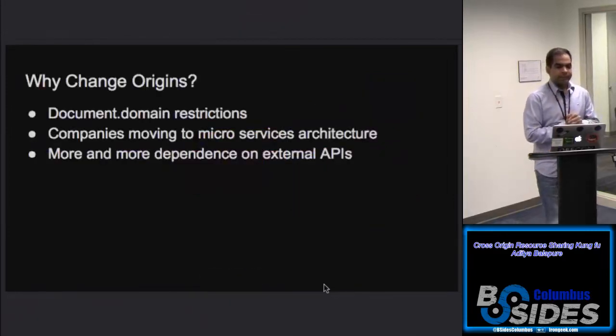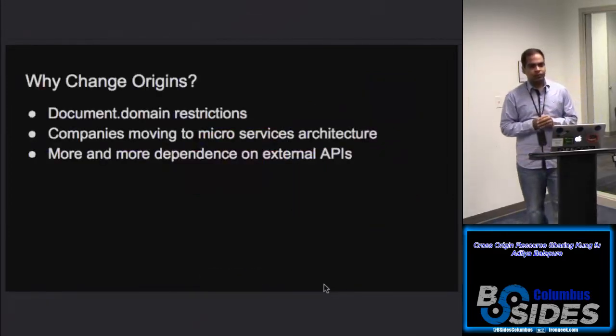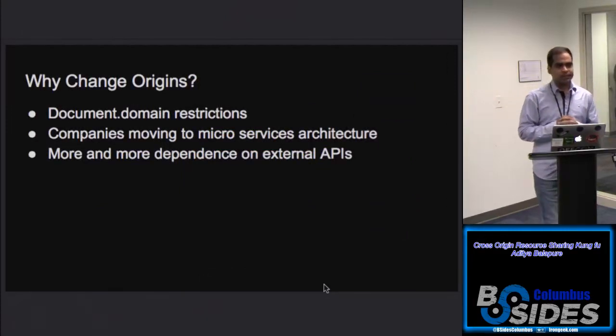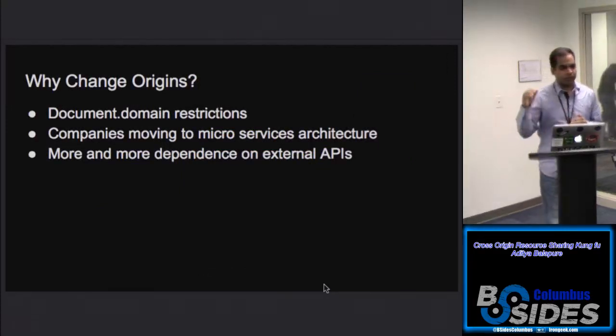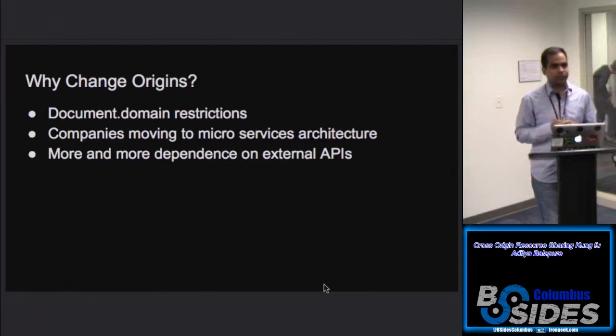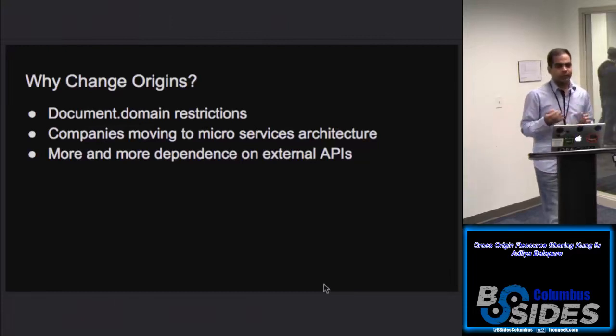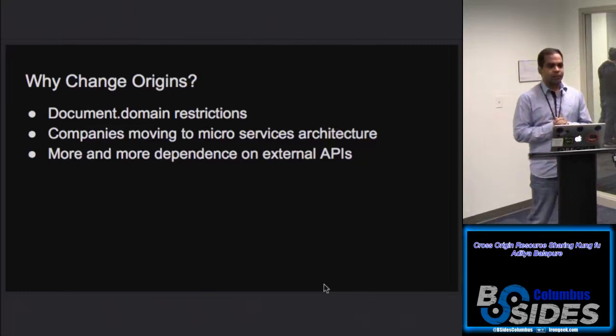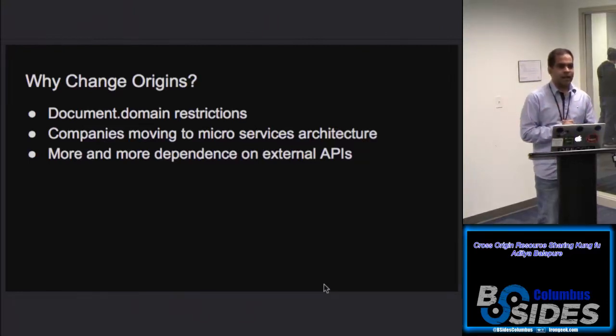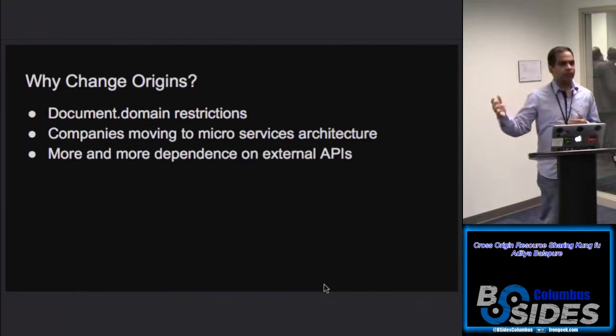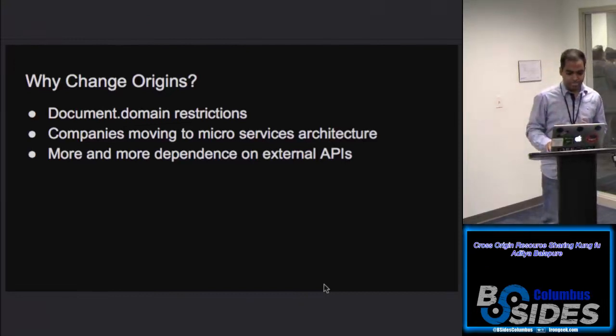The third reason is more and more dependence on external APIs. We have social networking, people need to tweet, and people want to use just one email address to authenticate, so OAuth providers are important. That's why we need to share more information cross-origin.